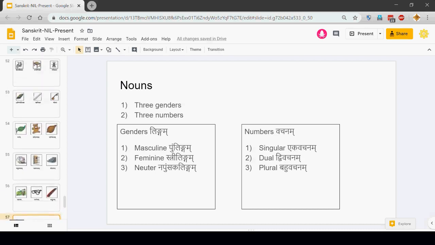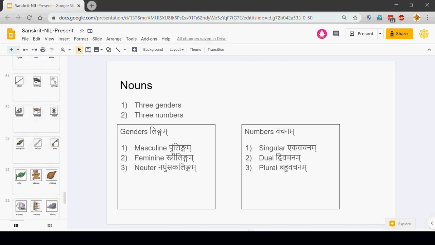So far, all the words we have been looking at and practicing in this class and the slides are all nouns. In language, we use nouns and verbs primarily, and especially in Sanskrit, there are two types of usable words: nouns and verbs.